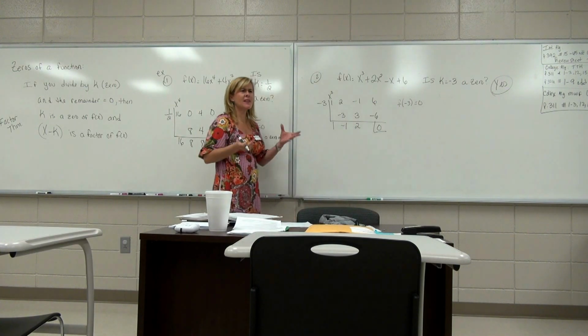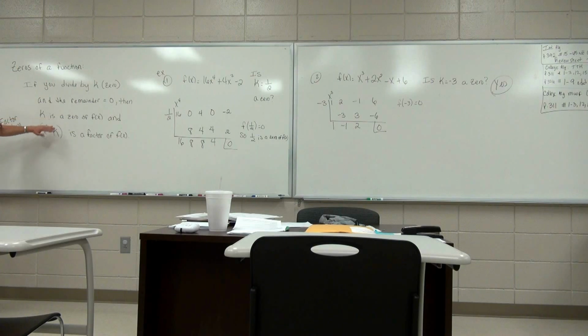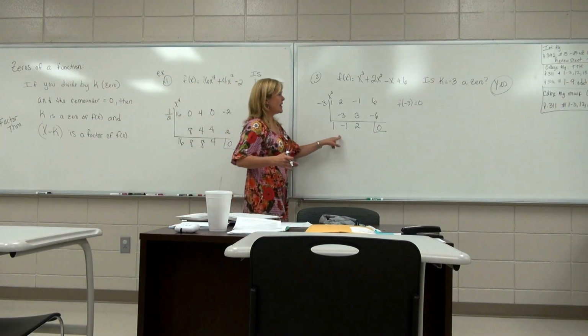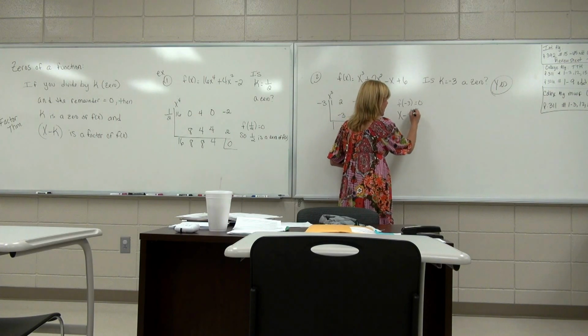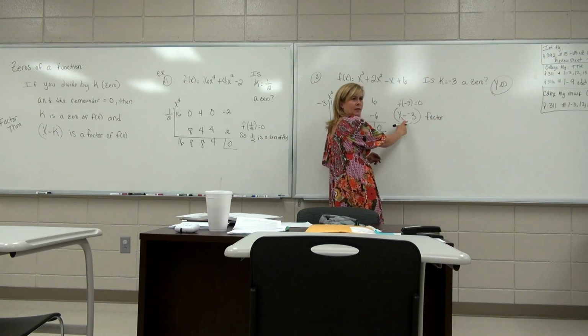And look what I talked about, that factor theorem. I told you then if k is a 0, then x minus k has to be a factor. So this kind of goes back to what we did a while ago. Well, if negative 3 is a 0, then x minus a negative 3 would be a factor, right? What do these two negatives make? Positive.